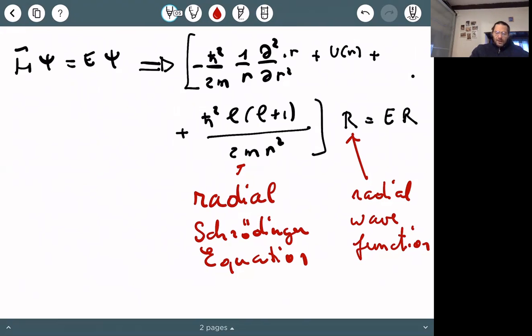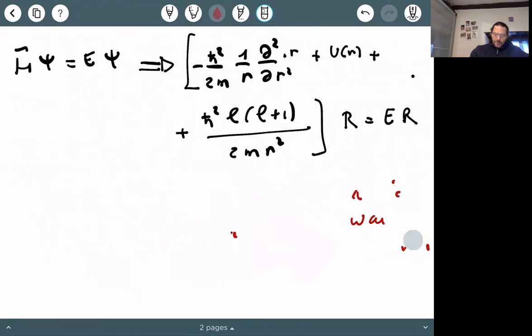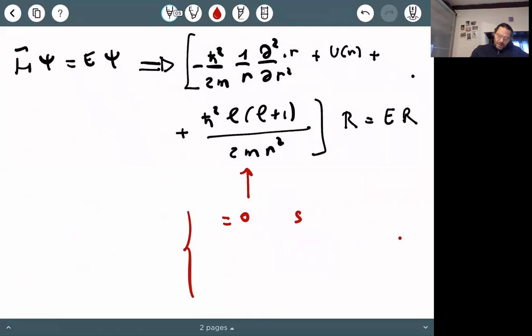in which case this term here disappears for S states. So this is equal to 0 for S states, that is, states for L equal to 0.